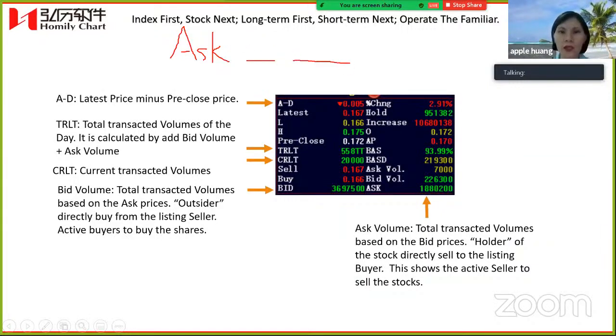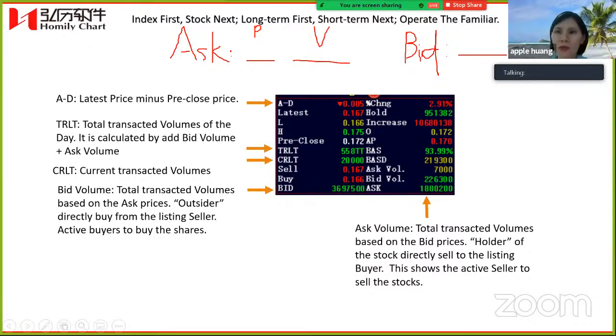And then the volume, how many shares are waiting to sell at that price. At the same time there is the bid column. The bid column is the buyers.